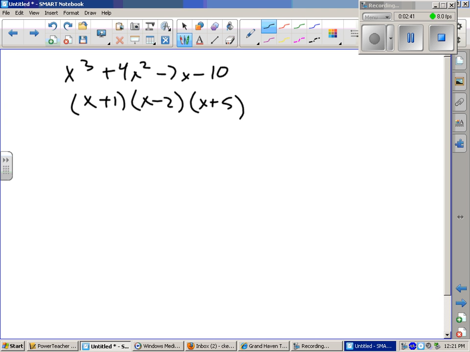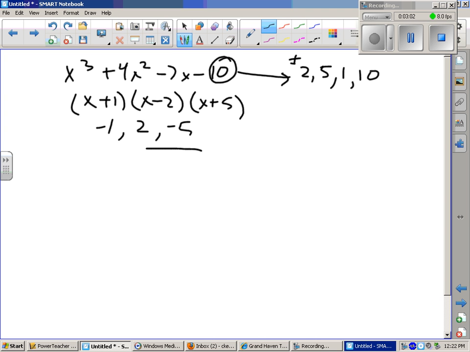What you did last year in Algebra 2 or the year before was you found the common factors for this, 2 and 5 and 1 and 10, all plus or minuses, and you tried those in the synthetic division box and you found out which ones worked. Well, that was a lot of guessing and checking. The graphing calculator is going to give you these three answers on the screen within about 12 seconds. So you'll be able to come up with the graph pretty easily. And the graph itself you can do on the graphing calculator too.